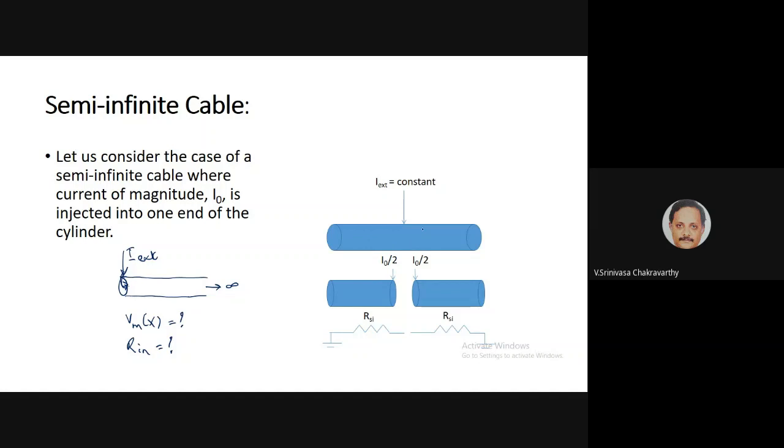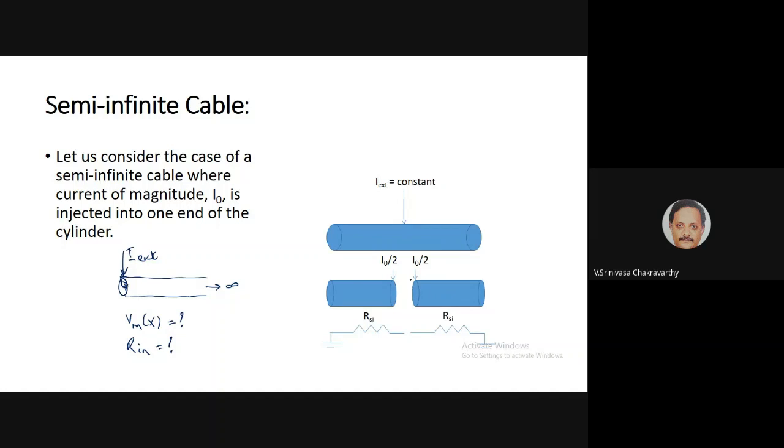If we take an infinite cable and split it into two, you get two semi-infinite cables, like what you see in this figure. If I'm injecting current of I naught into the main cable, into the two halves I'm effectively injecting currents of I naught by 2 and I naught by 2, because for reasons of symmetry both sides are identical.